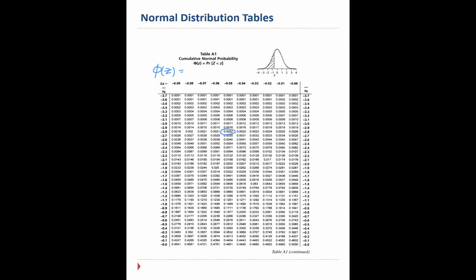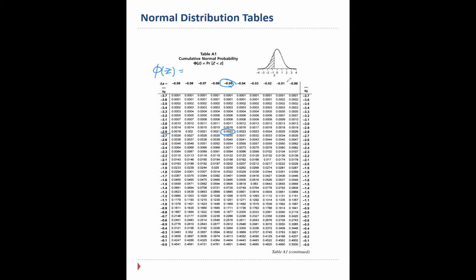z value. For example, right now, if I trace this value on the horizontal scale, it is minus 2.8 somewhere here, and here at the top the delta z is written. So this is minus 0.05.